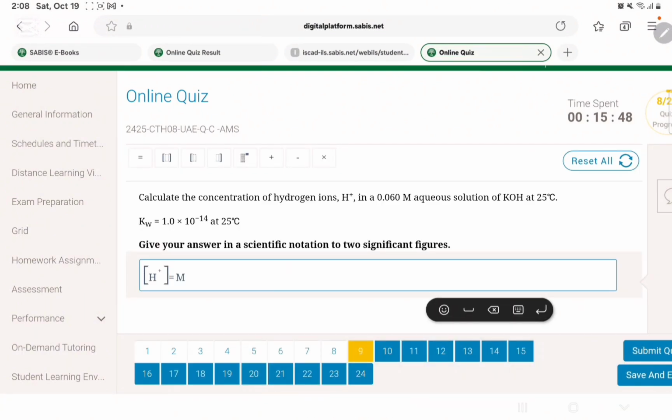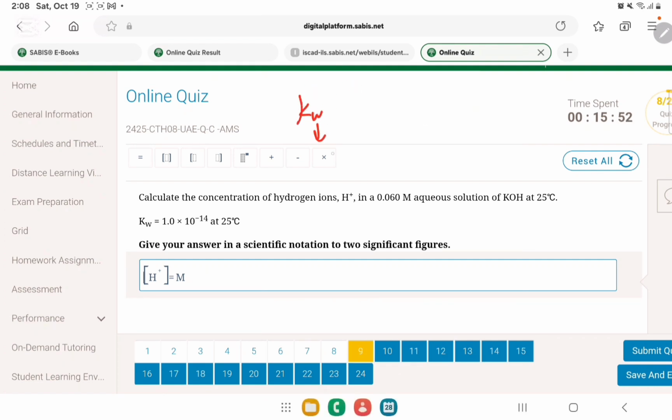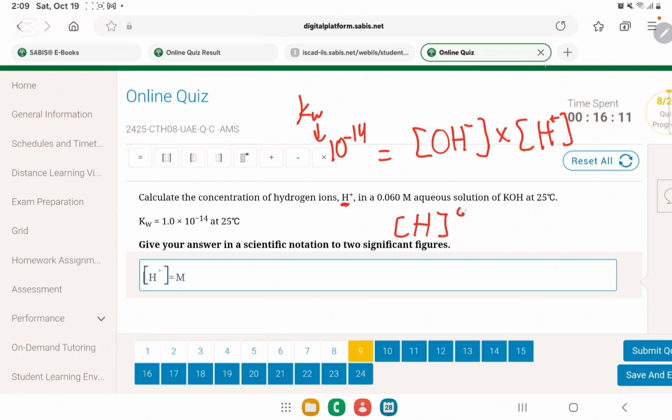Okay, here you guys have to focus. We already said that Kw, which is always 10 to the power of negative 14, is equal to the concentration of OH minus times the concentration of H plus. So here they give us KOH, with concentration 0.06 molarity.